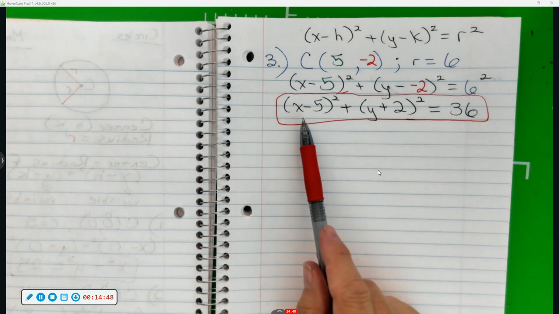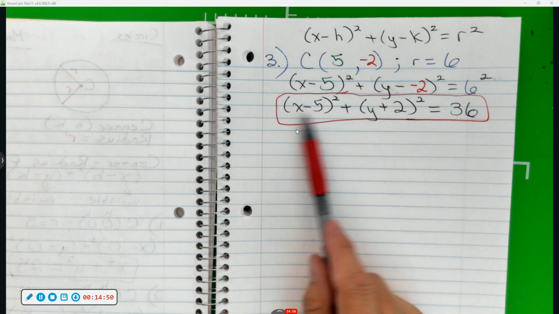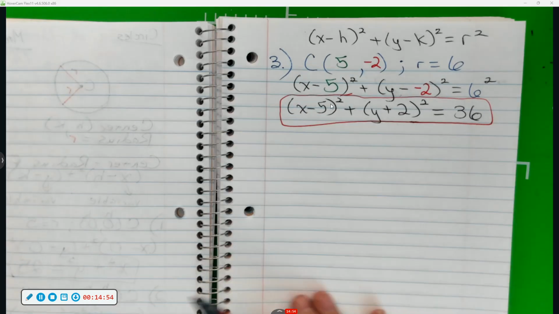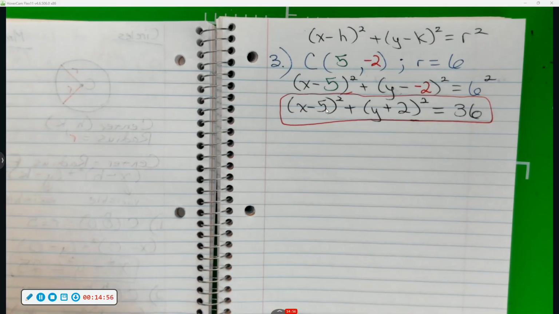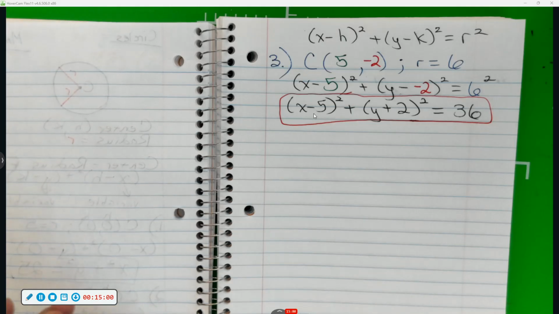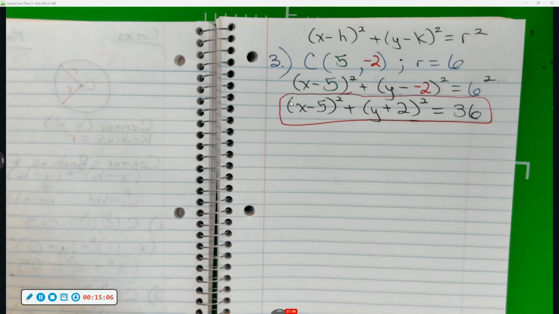Now, before we go on, if I wanted to square this, if I wanted to get rid of the exponent, the quantity squared, it wouldn't just be x squared minus 5 squared. What do we have to do if we have a sum or difference that we're squaring? We did this on the first day of the semester, if I remember correctly.